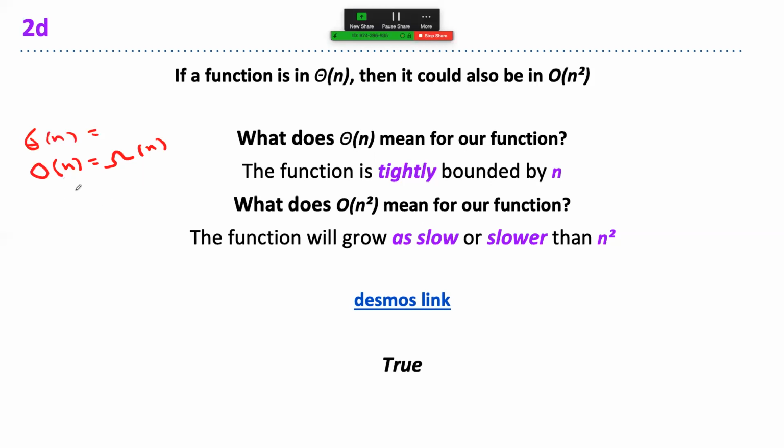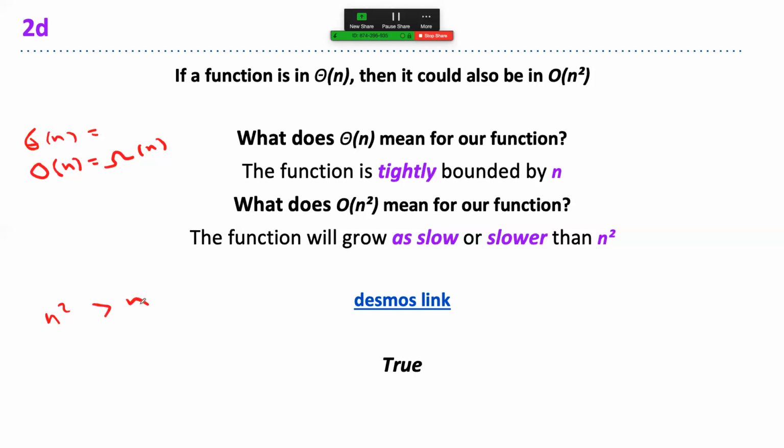So here we talked about how theta of n describes a tight bound, whereas O of n squared could be a non-tight bound. What this means is that n squared dominates over n in terms of complexity growth.